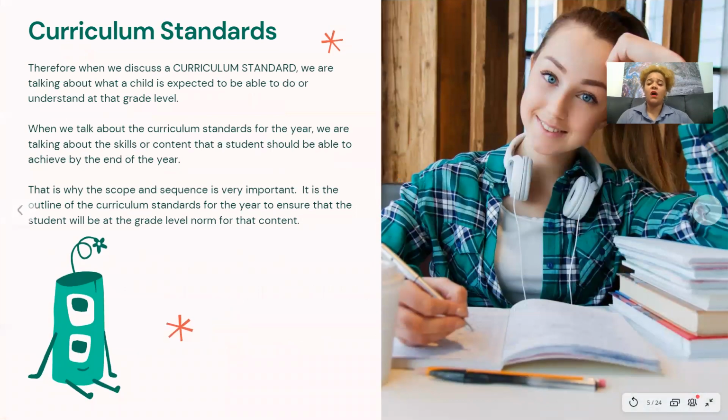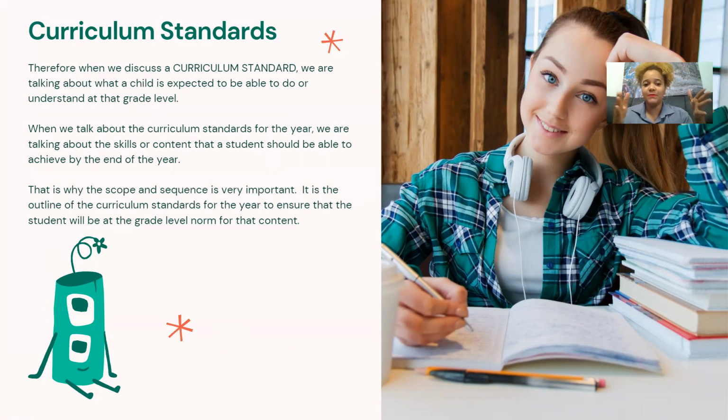So when we talk about our curriculum standards, what do we really mean? If we're talking about that baseline and that norm, and then we're talking about curriculum, which is basically the objectives of a content or an area of knowledge, and it's the individual points in order to say you've attained that knowledge.